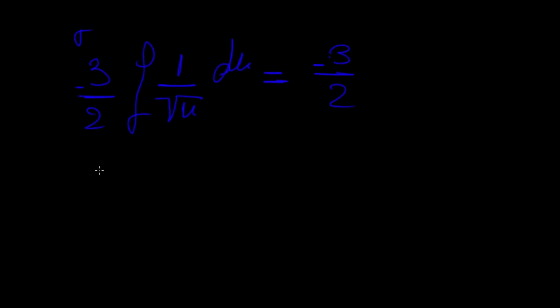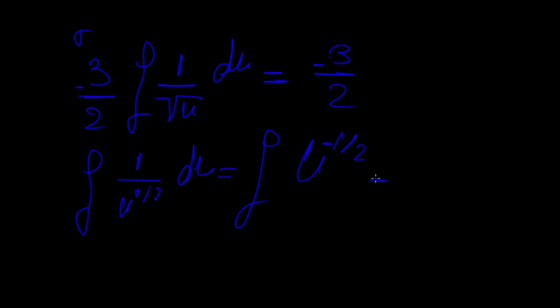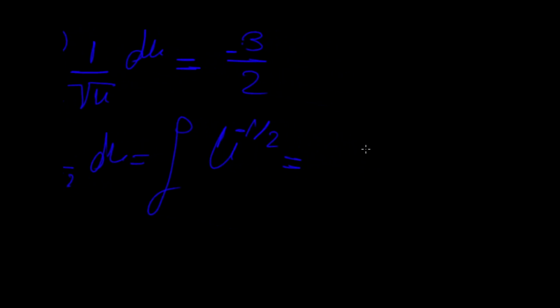So 1 over square root of u, it will change to u to the power of negative 1 over 2, which will be equal to u to the power of negative 1 over 2 plus 1.